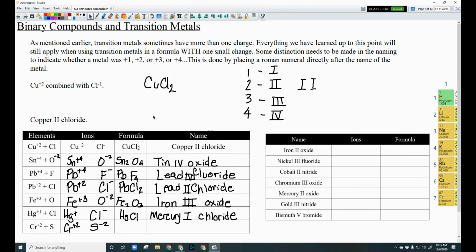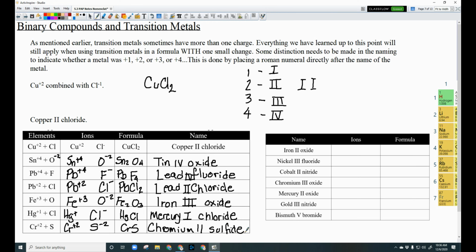These do cancel each other out. +2 cancels -2. So just smash them together. CrS. Okay, so chromium 2 sulfide. There you go.